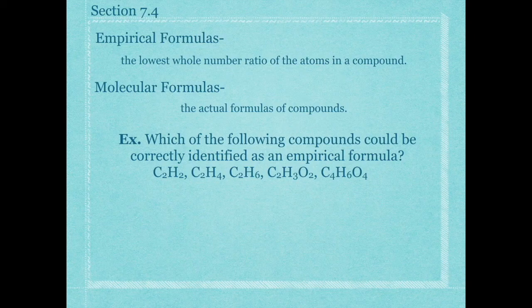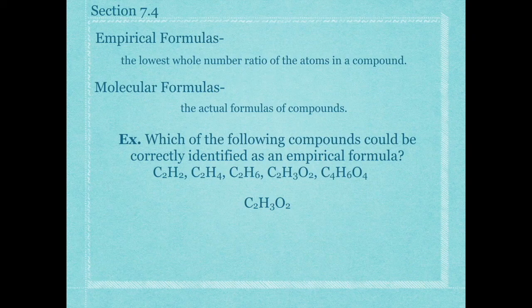C2H6 can be reduced to CH3, so again, not an empirical formula. C2H3O2, we can't actually reduce that, so that would be an empirical formula. And then finally, C4H6O4 can be reduced to C2H3O2 by dividing by 2, and therefore it's not an empirical formula, it's a molecular formula.